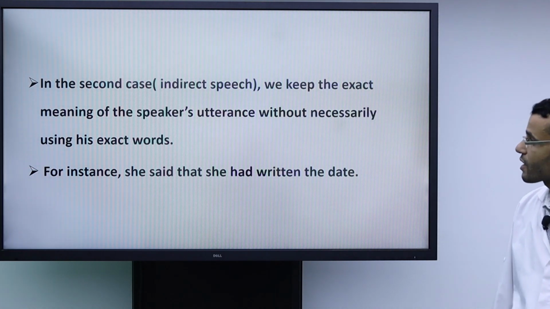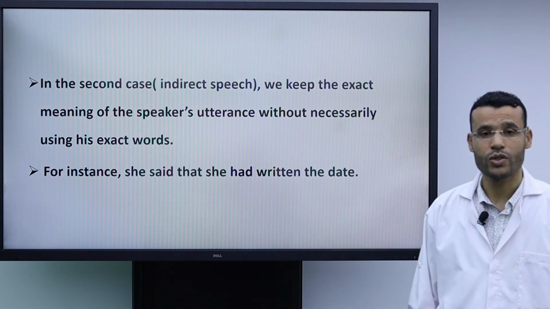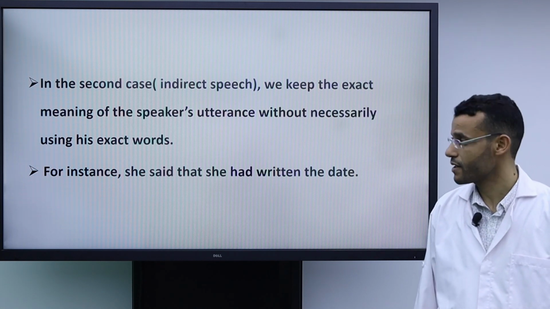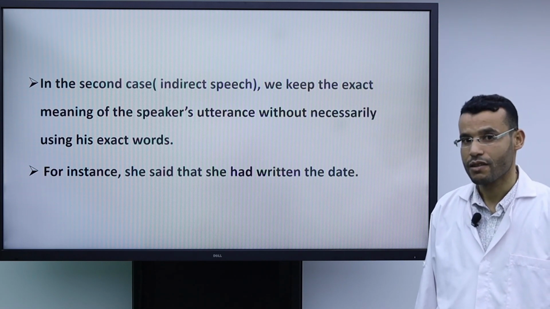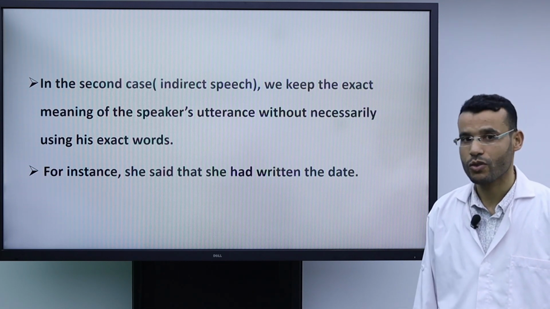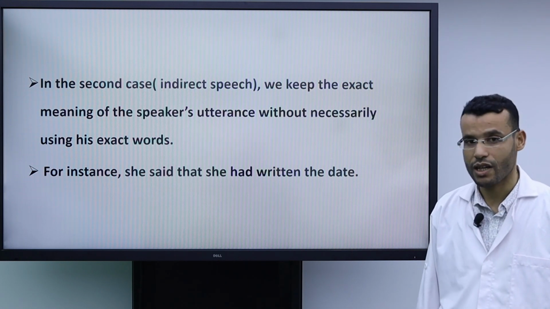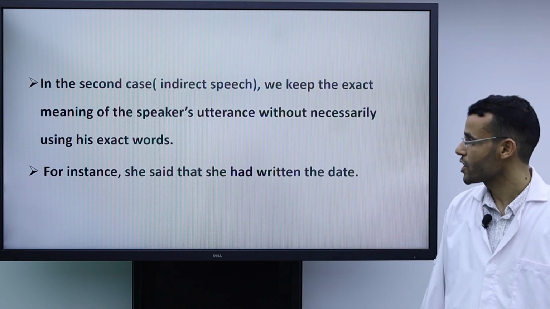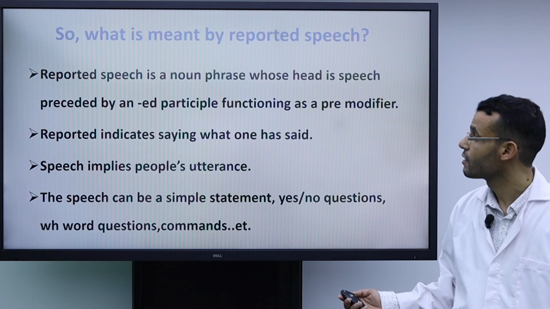So we keep the exact meaning of the speaker's utterance without necessarily using his exact words. For instance, she said that she had written the date. Here the direct speech is shifted to indirect speech.